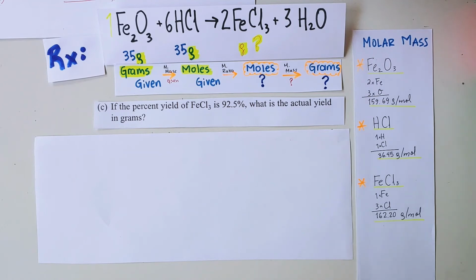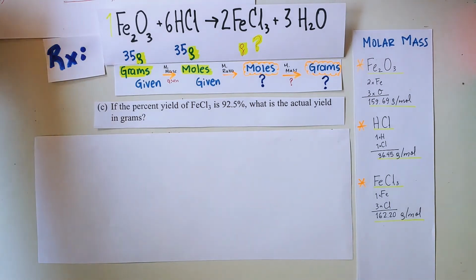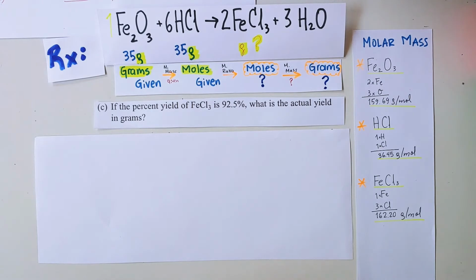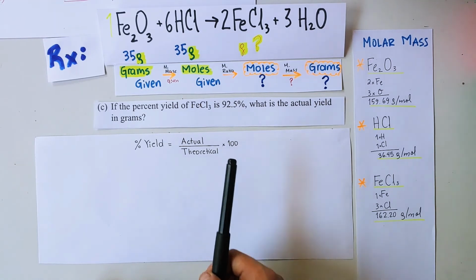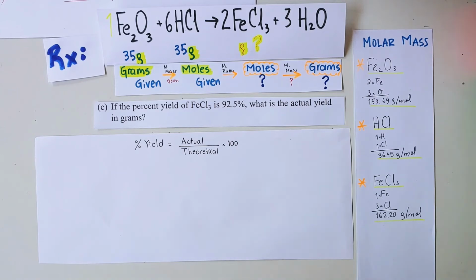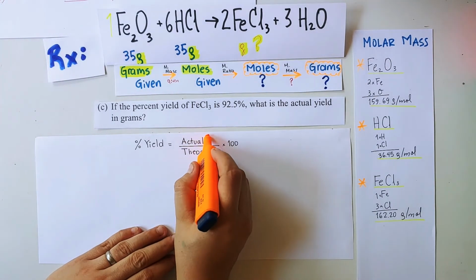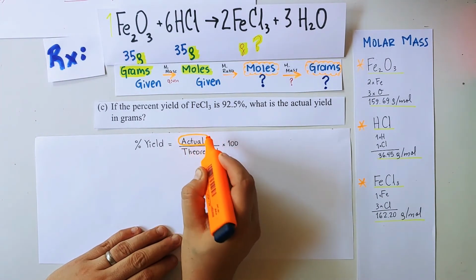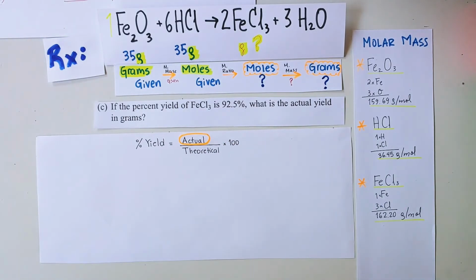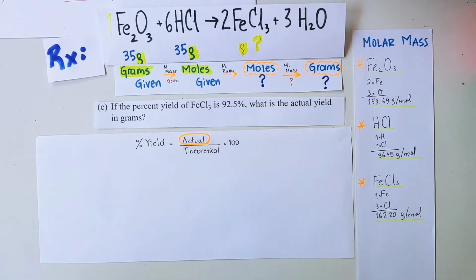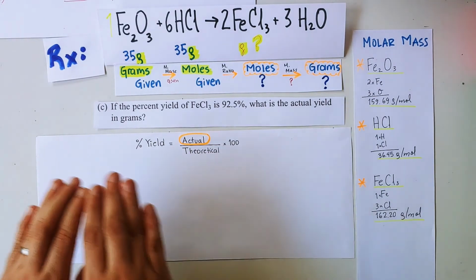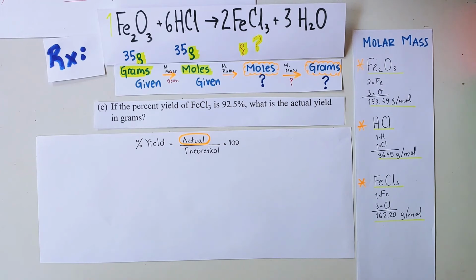So remember that I gave you a formula. The formula for percentage yield is the following: actual divided by theoretical times 100. Because you are looking for the actual yield, you need to do an isolation. Now, how do you do this isolation process? Take a look. The theoretical is dividing the actual yield, which means when you move it to the other side of the equation, we'll be doing a multiplication.